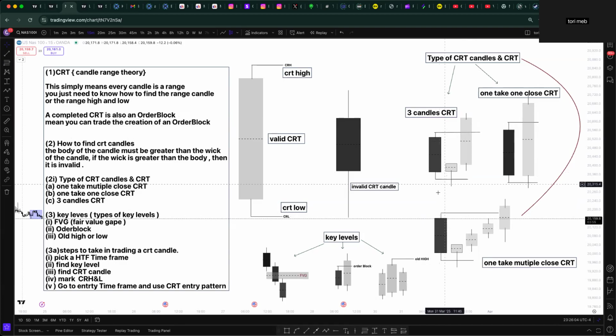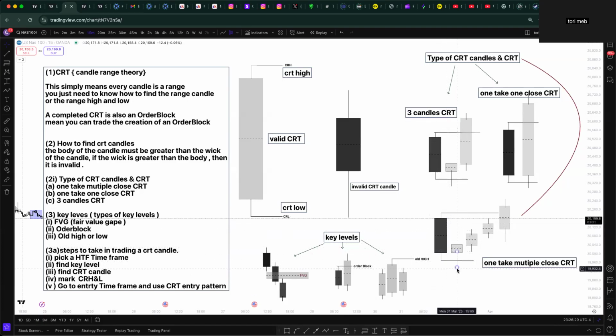But first of all, there are three types of CRT candles which I trade. The first is the one take multiple close, where you have the manipulation candle and other candles. It takes other candles to get to the high. So let's say the first candle, you see this candle as a CRT candle. You do the measurement, you see it works.